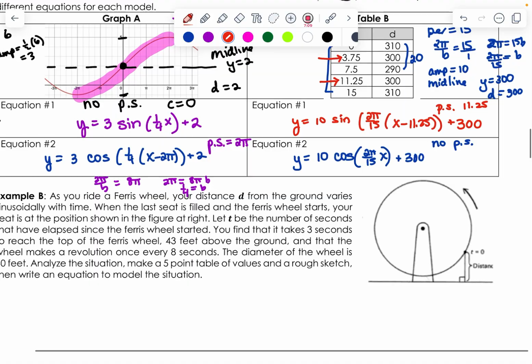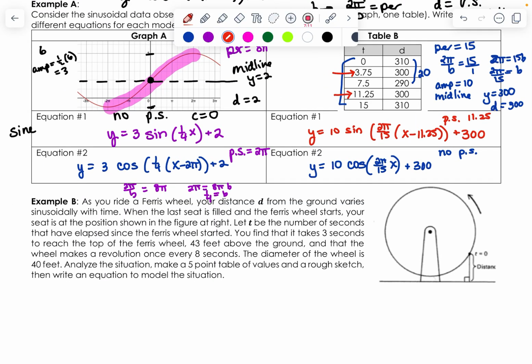All right, then example B. As you ride a Ferris wheel, your distance d from the ground varies sinusoidally with time. When the last seat is filled and the Ferris wheel starts, your seat is at the position shown in the figure at the right. Let t be the number of seconds that have elapsed since the Ferris wheel started.